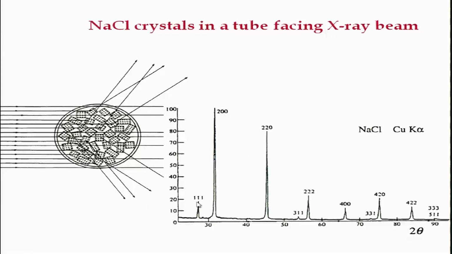You can see that they all go in the order of increasing h square plus k square plus l square. We will see now how you distinguish between, for example, a BCC, FCC or simple cubic material using the information that you get.